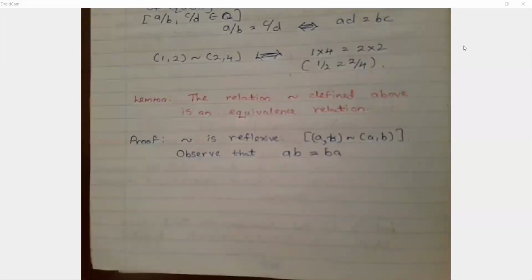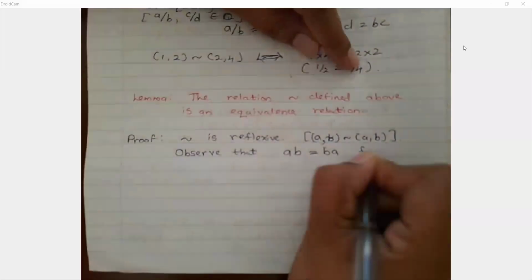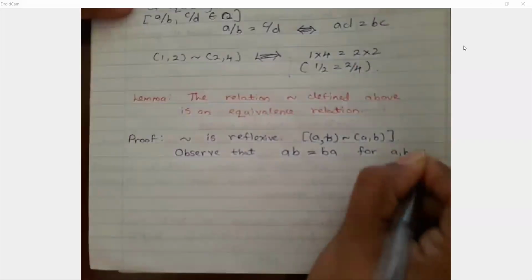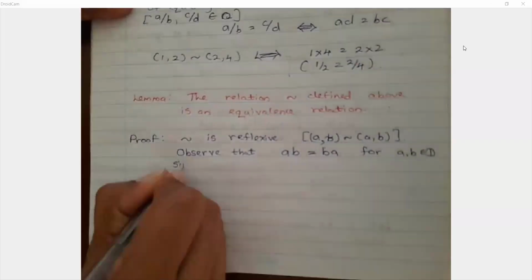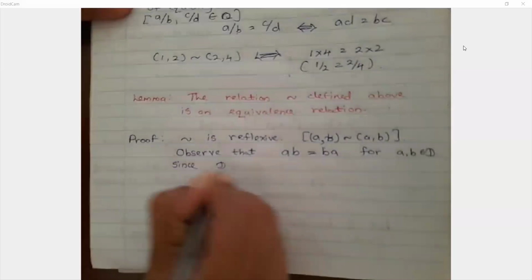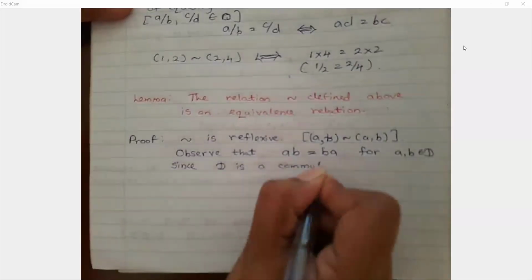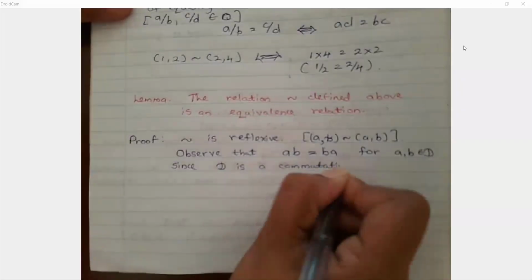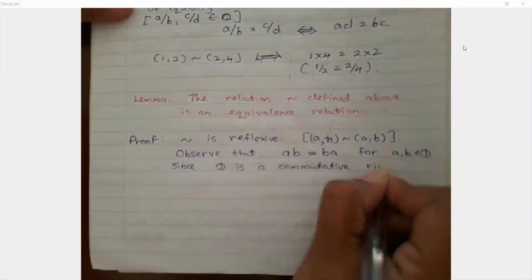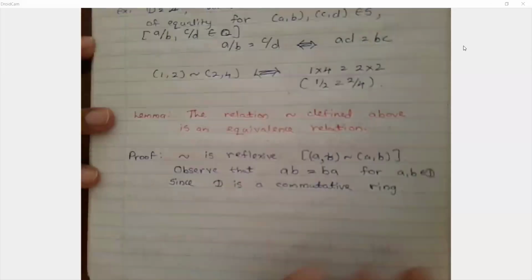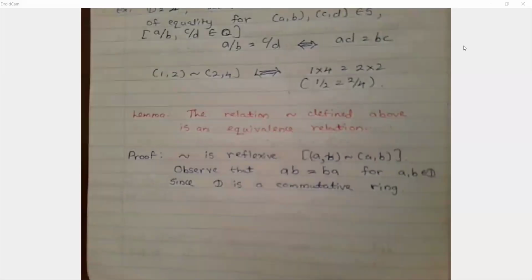Observe that AB is equal to BA for A, B in D, since D is a commutative ring. It's an integral domain, and integral domains are commutative rings.